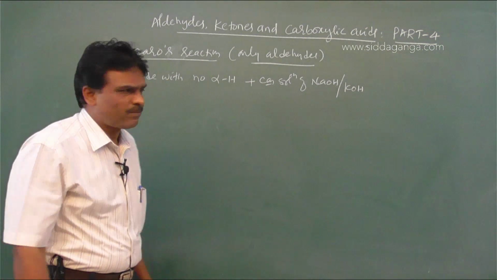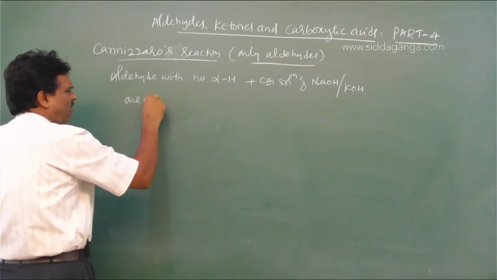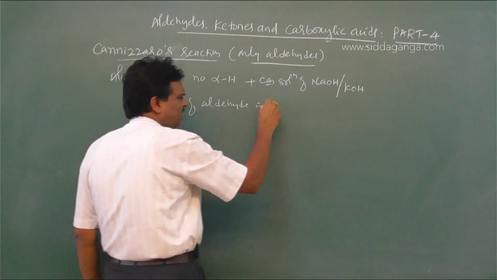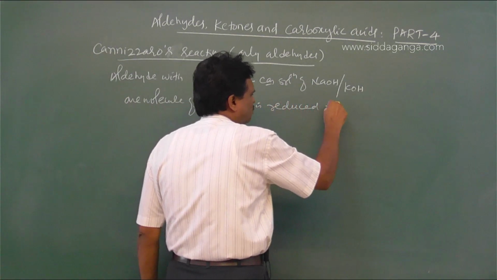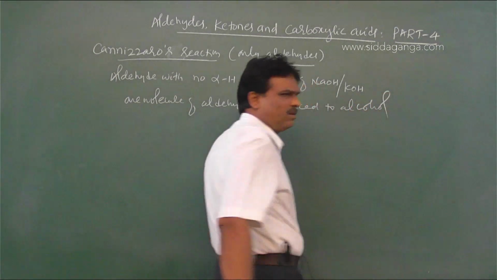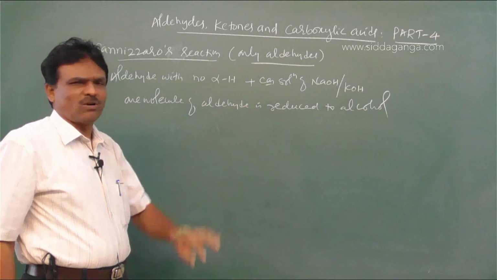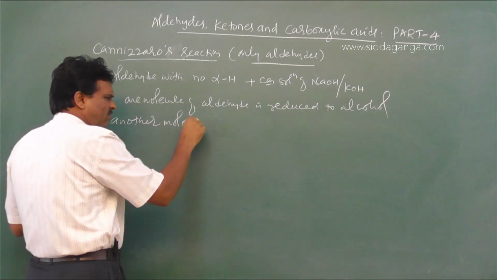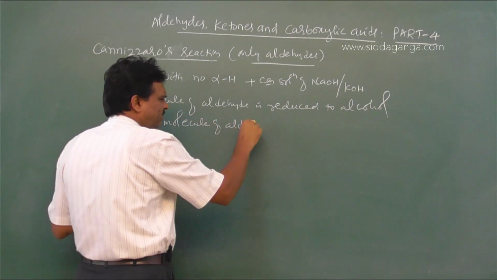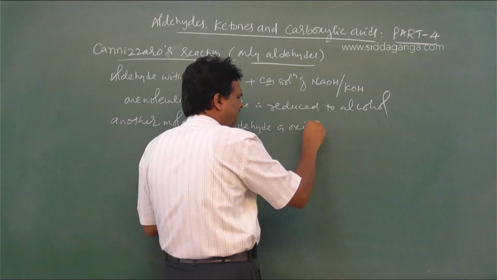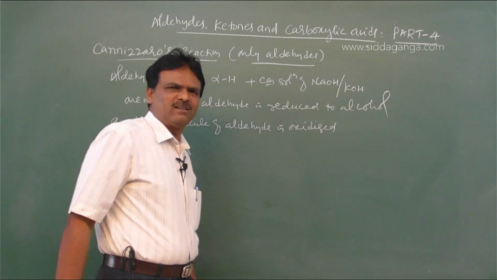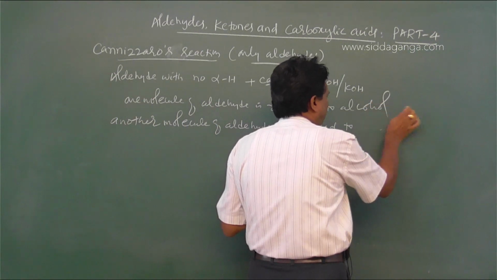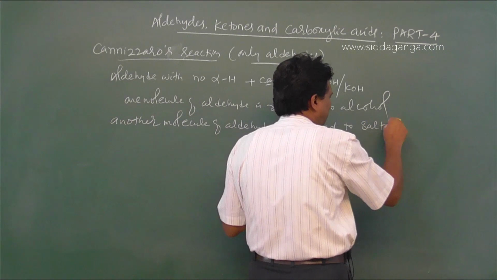In this reaction, one molecule of aldehyde is reduced to alcohol, and another molecule of aldehyde is oxidized to form carboxylate ion, the sodium salt of carboxylic acid.